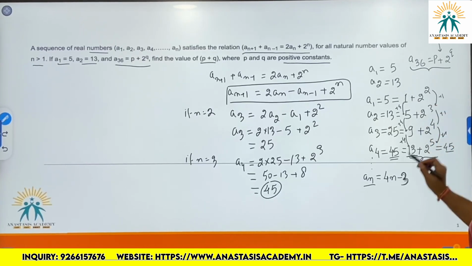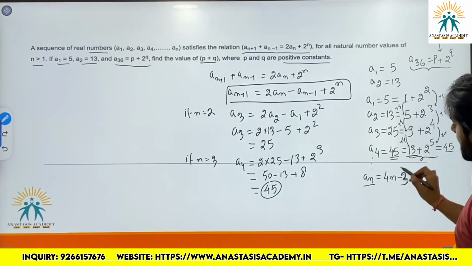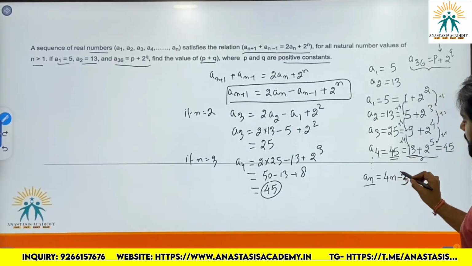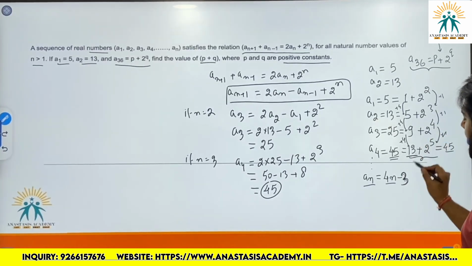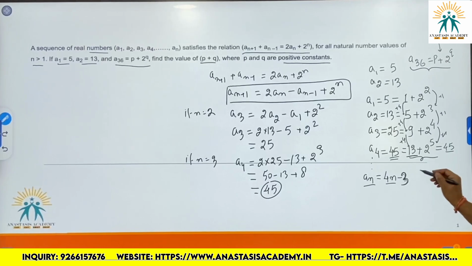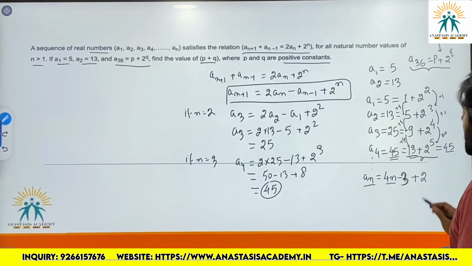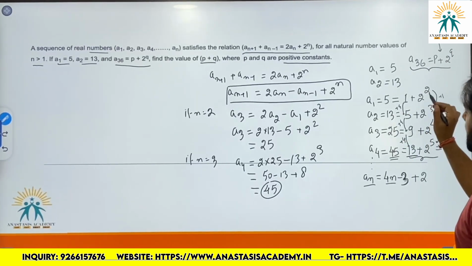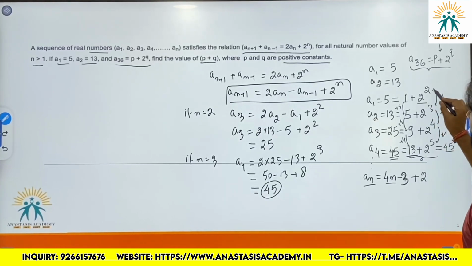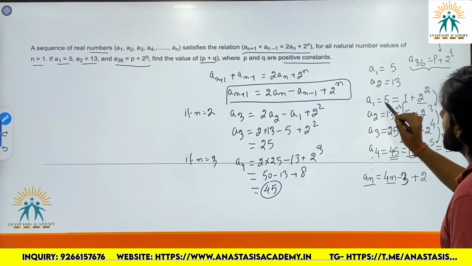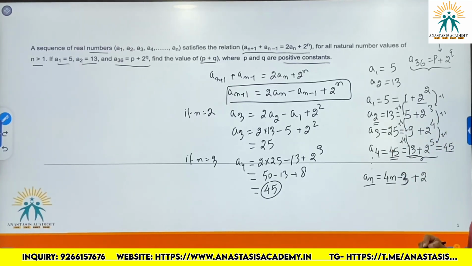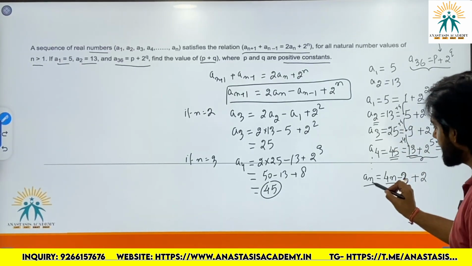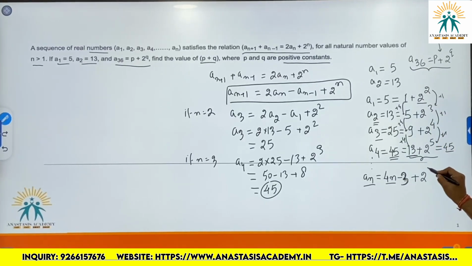If I put n equal to 1, it becomes 1. If I put n equal to 2, 4 into 2 is 8, minus 3 is 5. If I put n equal to 3, I get 9. Plus 2 raised to a power: in each term, 2 has a power 1 more than the number of the term. If it is the second term, the power of 2 is 3. If it is the third term, the power of 2 is 4. So if this is the nth term, the power of 2 would be n + 1.